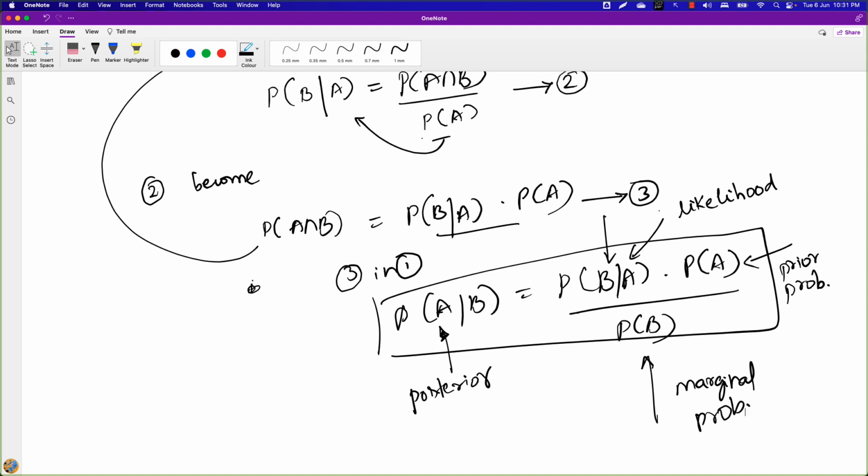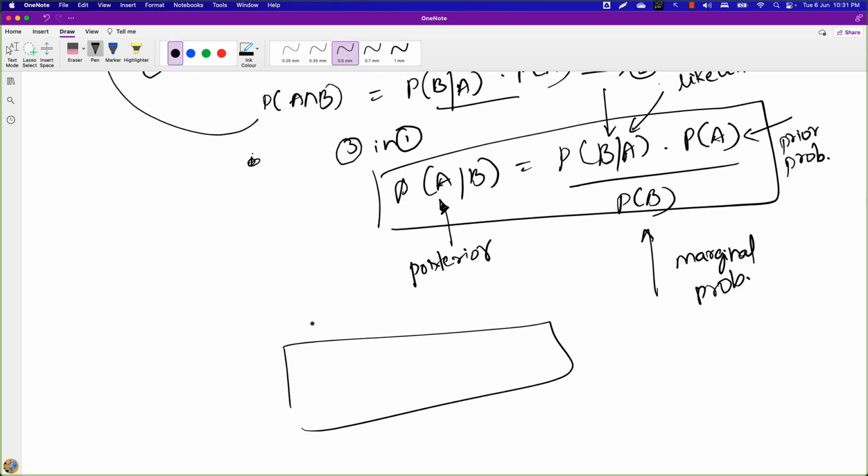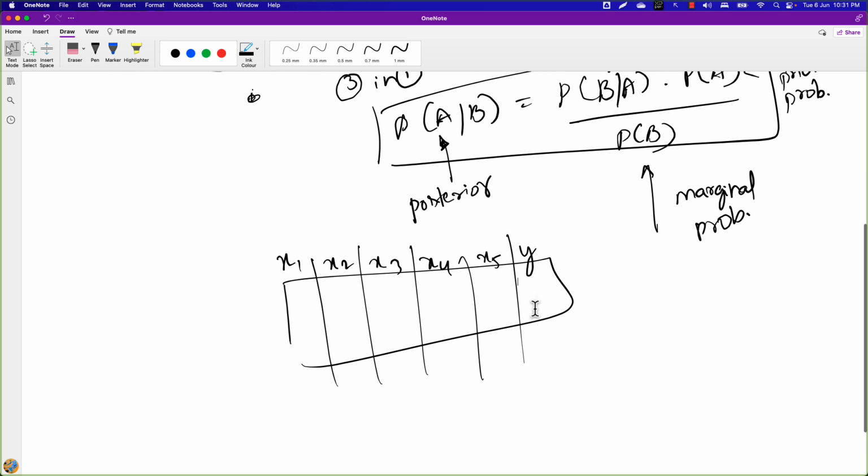And if I want to expand a little bit about its usage in machine learning, let us say that I've got a data set, and in my data set I've got multiple columns, and I'll call some features x1, x2, x3, x4 and x5. There are 5 features, and I've got a single target variable. Now when we talk about machine learning, I'll be interested in finding the pattern between my inputs and the target.